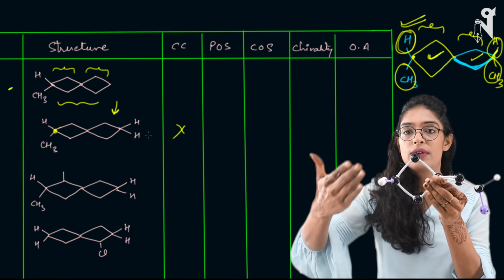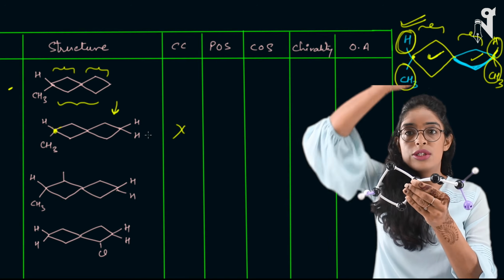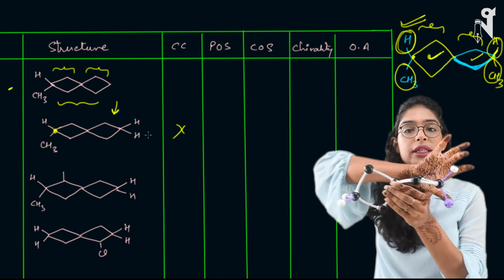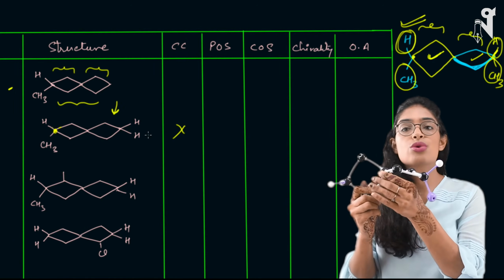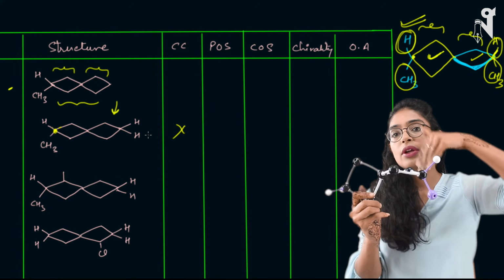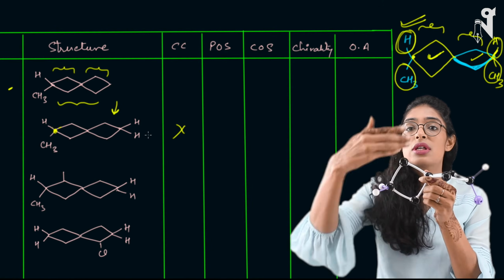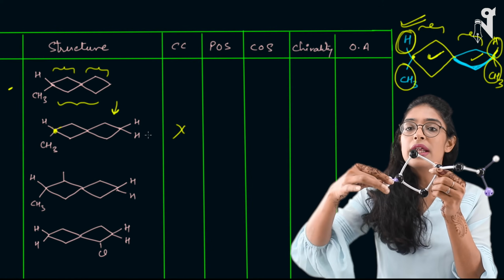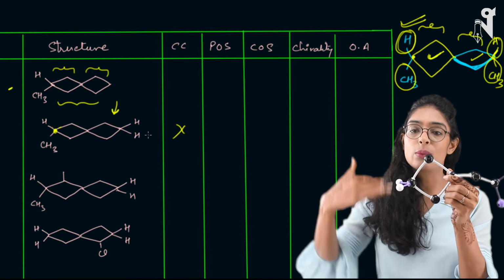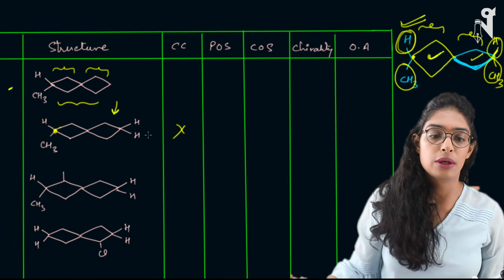One hydrogen will come here and one hydrogen will go there. So if I cut it vertically, then these two things will break into two equal halves, one this side, one this side. This chain will be cut into one half here, one half there. These carbons will be cut into equal halves, half this side, half this side, and this hydrogen will go one this side, one this side. So does this possess POS? Yes, it does possess POS.